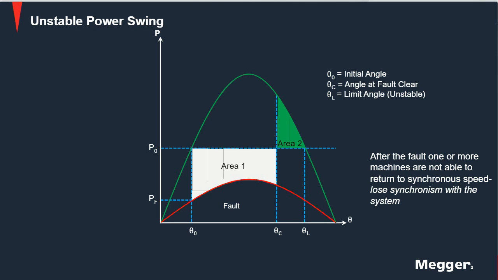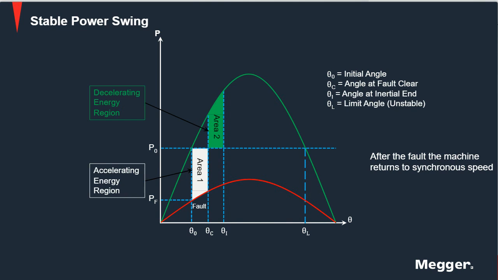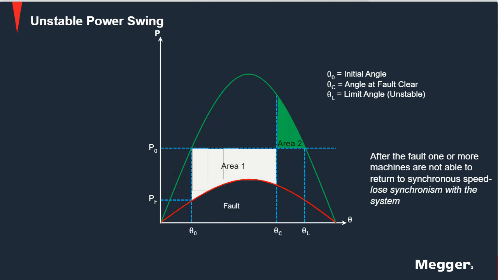So one of the characteristics of the stable power swing is that after the fault, the machine returns to synchronous speed. And one of the characteristics of the unstable power swing is that after the fault, one or more of the machines are not able to return to synchronous speed. They lose synchronism with the system, and they need to be taken out of operation.